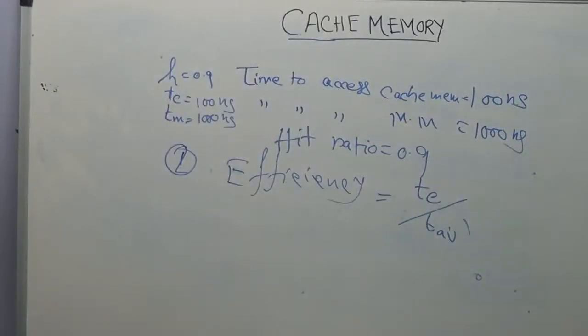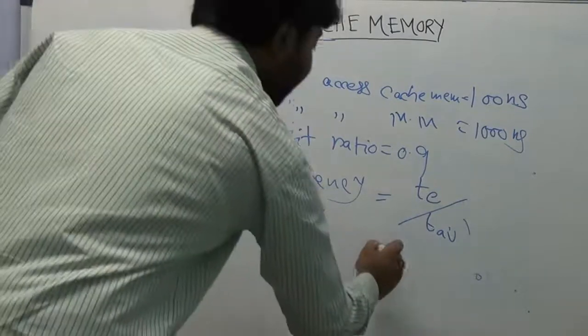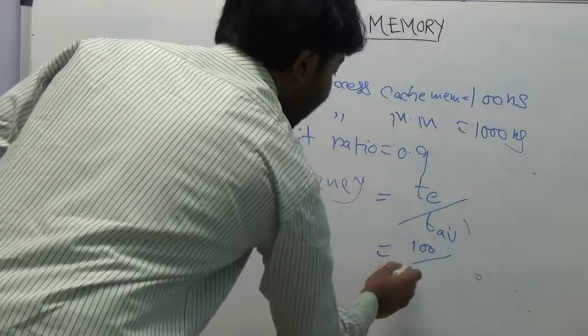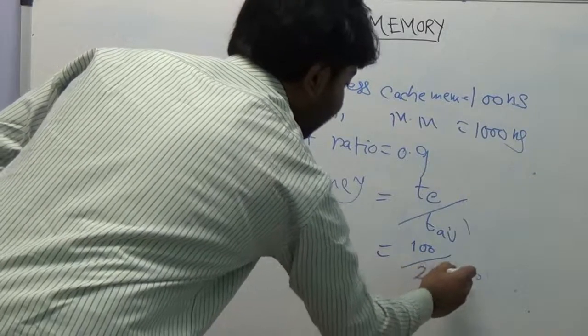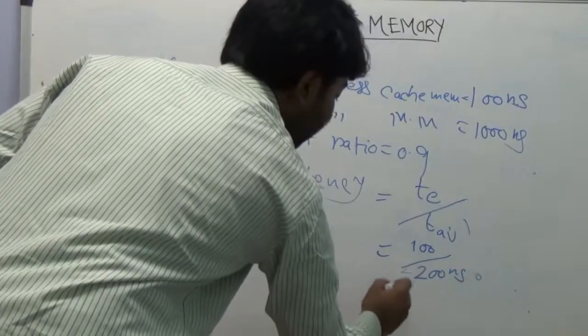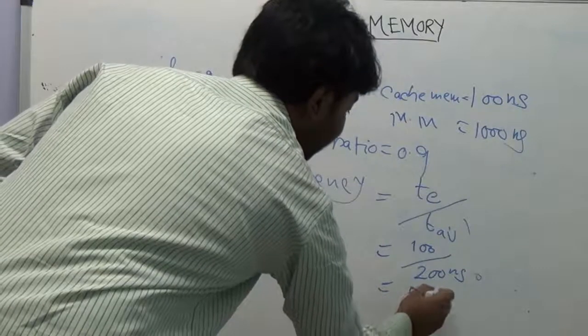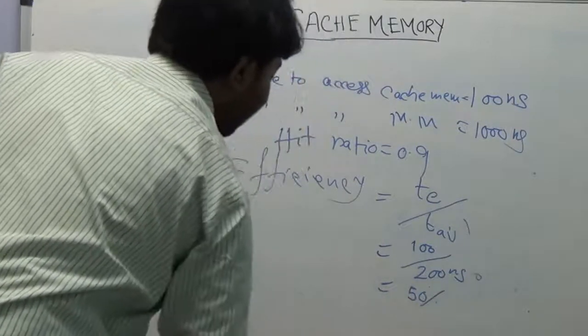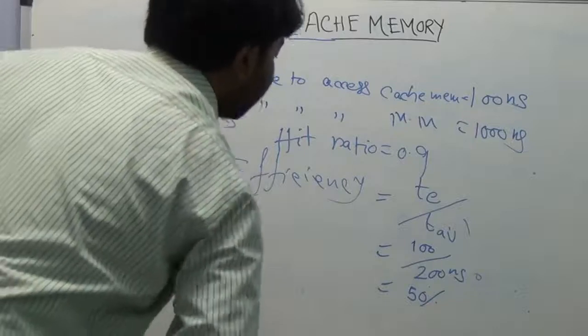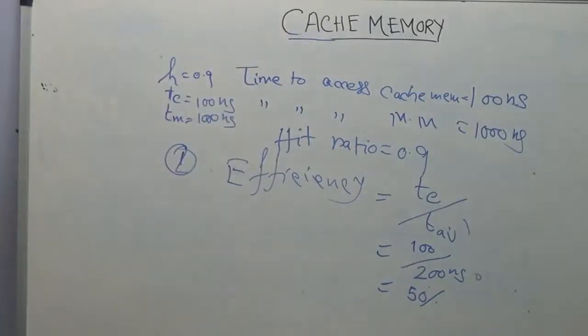Average memory access time is also denoted as T average. So the value of TC will be 100. T average we get 200 nanosecond. So it will be 50% efficient. The cache memory is 50% efficient.